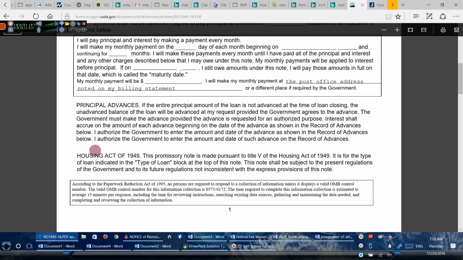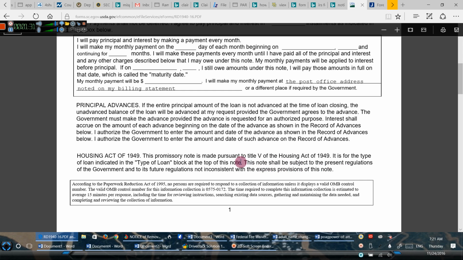Do you notice how they put the Housing Act of 1949 in the document? Interesting, ain't it? And it says this note shall be subject to the present regulations of the government and to its future regulations, not inconsistent with the express provisions of this note.